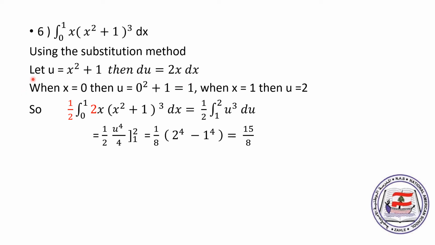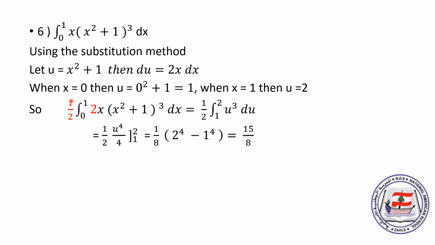And since we are using the substitution method, we need to change the boundaries for x to transform it into u. So when x is 0, replacing 0 in the expression defining u, we get u equal to 1. Then when x is 1, we get u is equal to 2. We need to multiply and divide the integral by 2, since we have du equal to 2x dx.